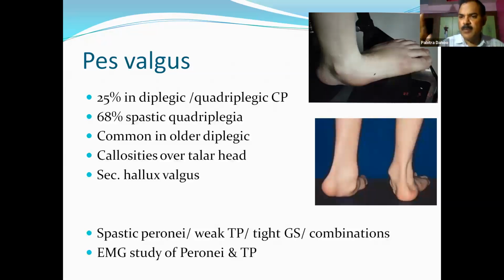Is it really the peroneals are hyperspastic, or the tibialis posterior is too weak to maintain the talonavicular joint or the medial arch, as it works like a sling? So by doing EMG also, we can see the culprit and accordingly we can plan our treatment. If there is peroneal spasticity, then that can be taken up. That we will discuss during the treatment planning.